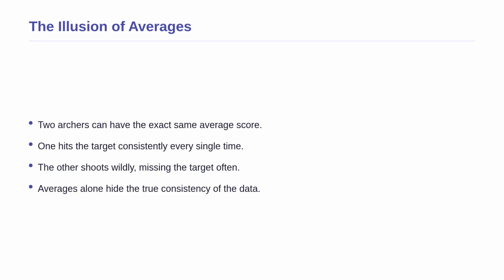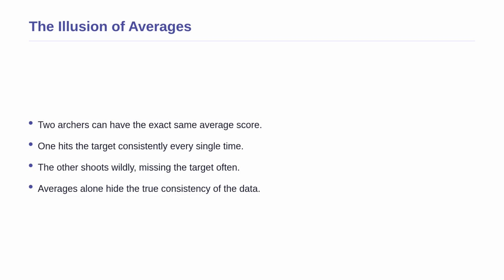To begin, let us imagine you are comparing two archers competing in a tournament. Both archers have an average score of exactly 8 points per shot. However, the first archer consistently hits the 8-point ring every single time, while the second archer wildly hits 10s, 6s, and sometimes even misses the target completely.